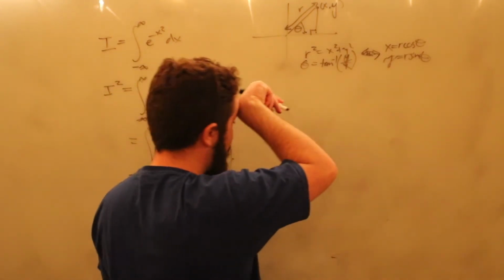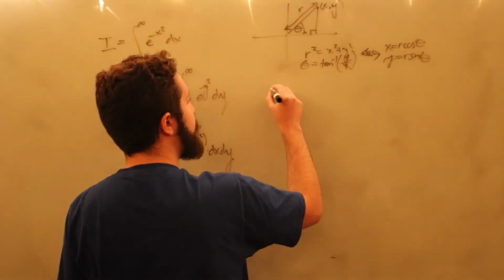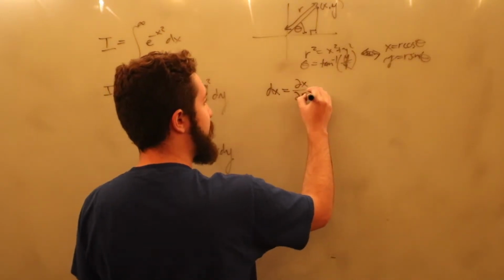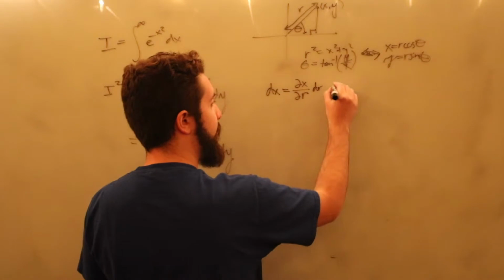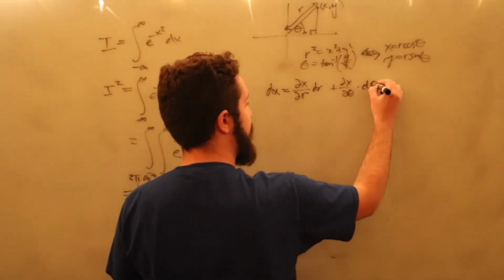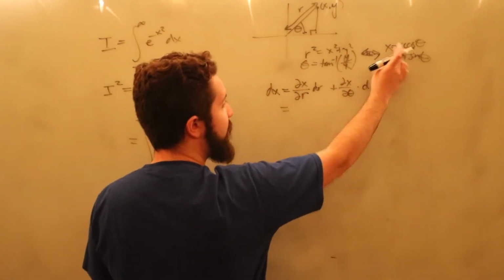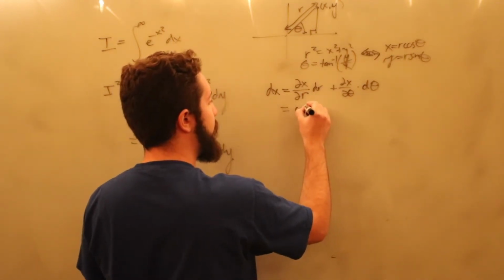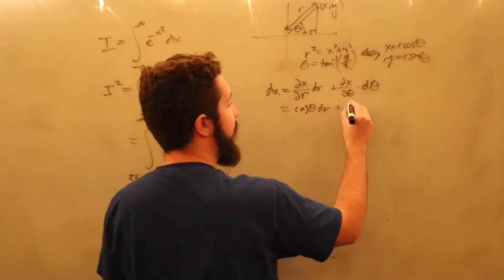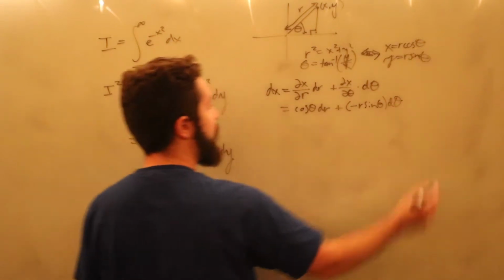So the way we're going to do that is we are going to recall that dx is going to be equal to the partial derivative of x with respect to r times dr plus the partial derivative of x with respect to theta times d theta. In this case, the partial derivative with respect to r, we're going to get from this formula, is just going to be cosine theta. And then with respect to theta, we're going to get negative r sine theta times d theta.